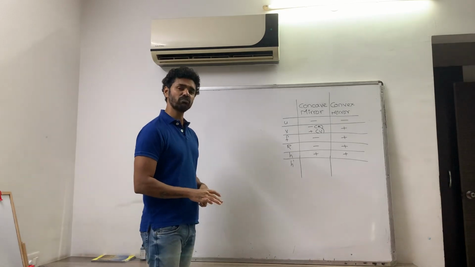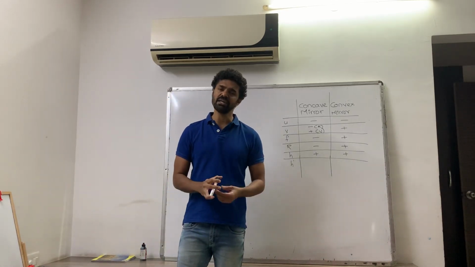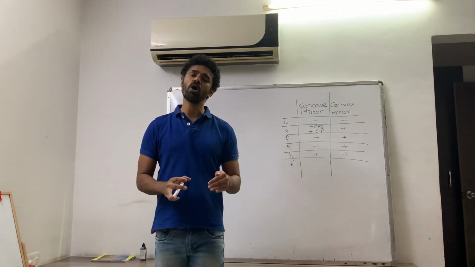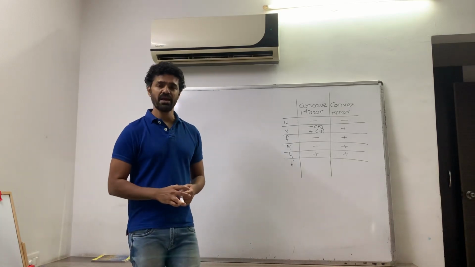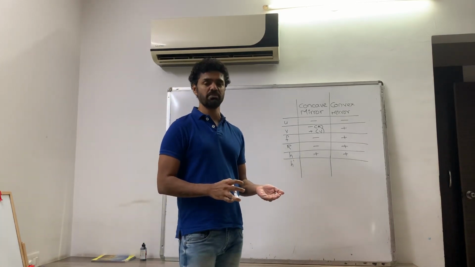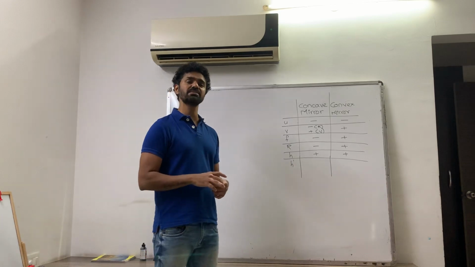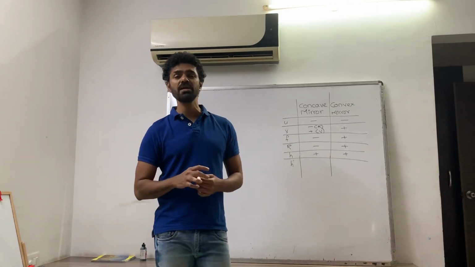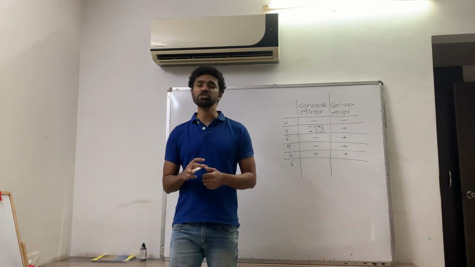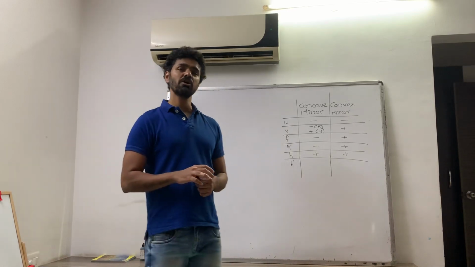H dash, height of the image. We can understand that an image, if real, will be obtained below the principal axis, and if virtual, it will be obtained above the principal axis. So if the image is real, the height of the image would be negative, and if the image is virtual, the height of the image would be positive.